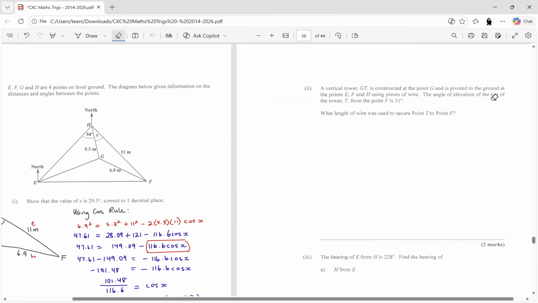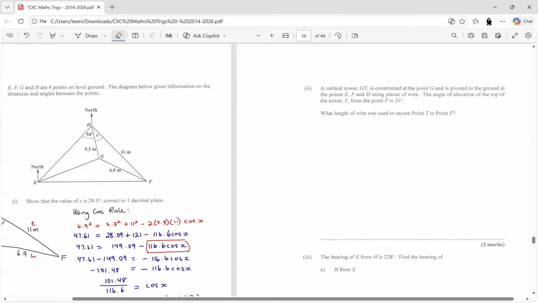It says a vertical tower GT is constructed at the point G and is pivoted to the ground at the points E, F, and H using pieces of wire. The angle of elevation of the top of the tower T from the point F is 31 degrees. What length of wire was used to secure point T to point F?